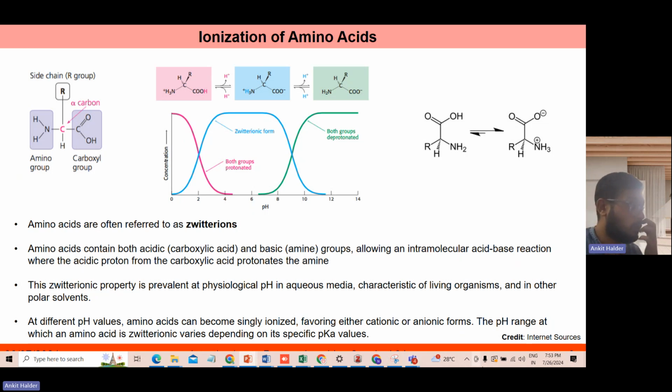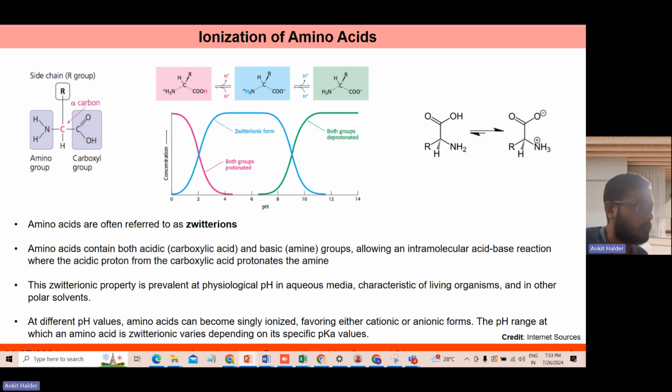Okay. So here you can see this is the alpha carbon that we are all aware of. This is the R group, the carboxyl group, and the amino group. Because of the unique property of the carboxyl group and the amino group, sometimes it is in the positive state, NH3 plus, sometimes in the negative state, COO minus, that is, in a protonated or deprotonated state.